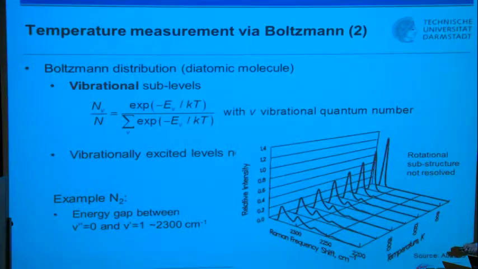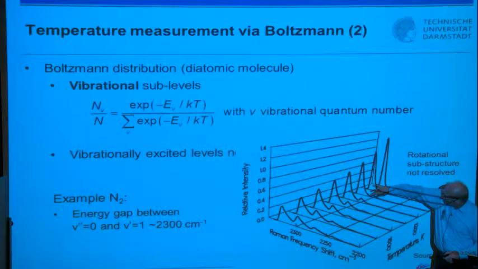So you need a rather high temperature such that not all molecules are in this vibrational ground state. You need at least something like, let's say, 500-600 Kelvin, such that a certain fraction of your molecules is vibrationally excited.